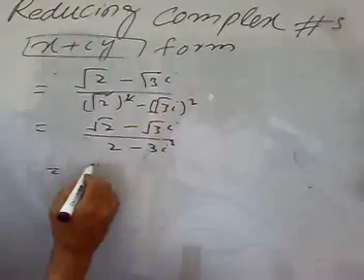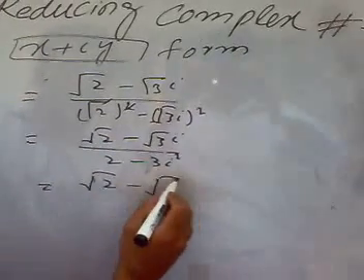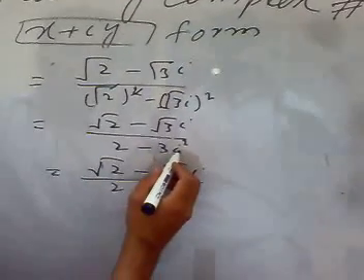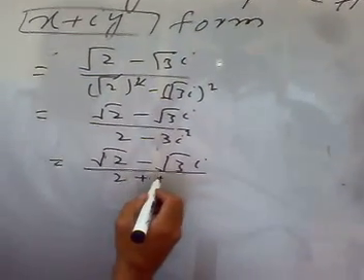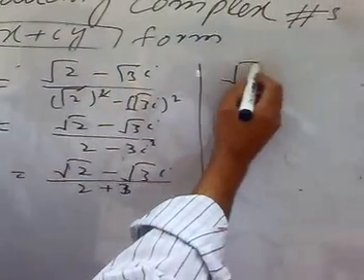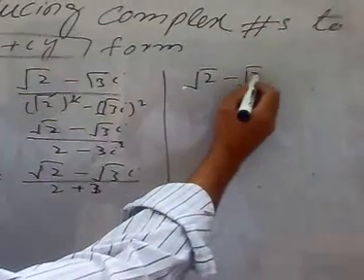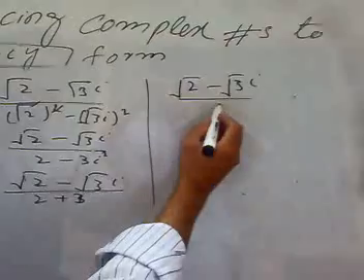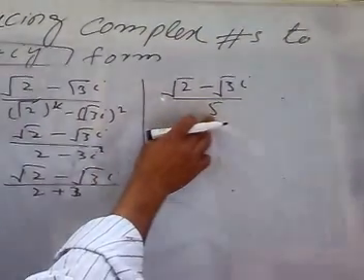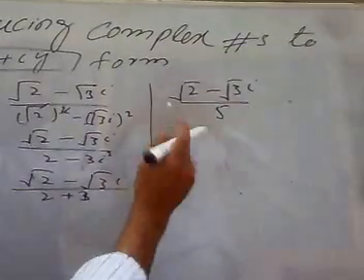Now if you see, it will be (under root 2 minus under root 3 iota) over 2 minus 3 iota square. Iota square is again minus 1, so that will be plus 3. So this will be equal to (under root 2 minus under root 3 iota) divided by 5. Still it is not in the form x plus iota y, so we will divide this 5 over there and over there.